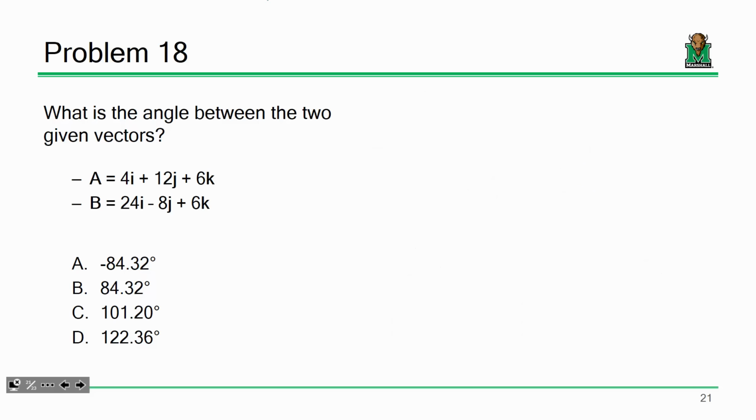Okay. We have 3 more questions. Now, what is the angle between the 2 given vectors? How do we do that? Well, if you don't remember, that's what this is for.